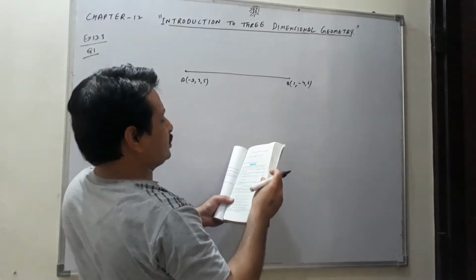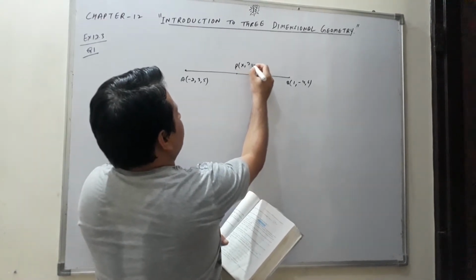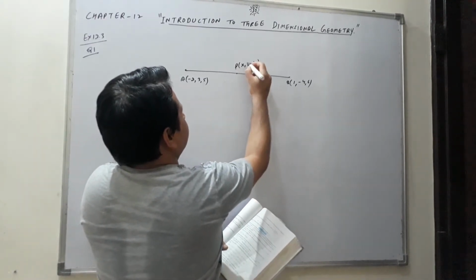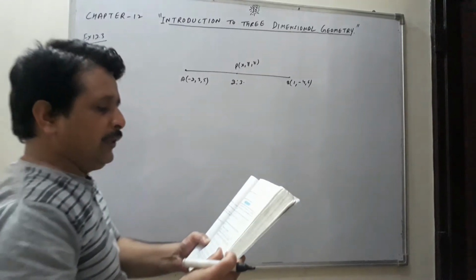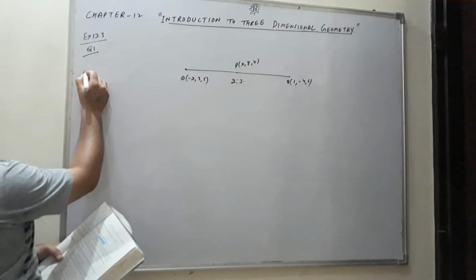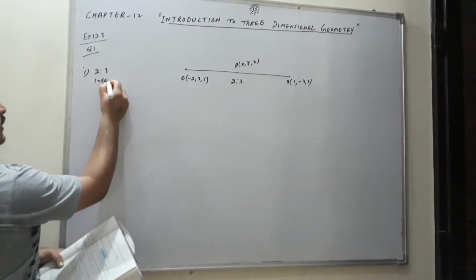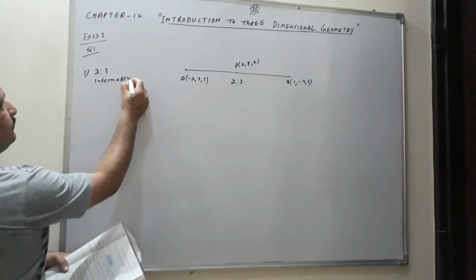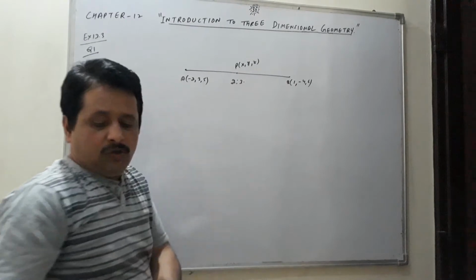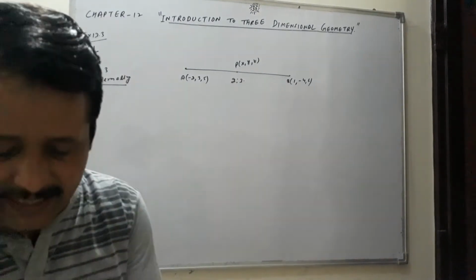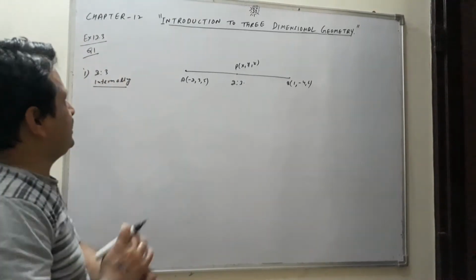Here is the point P, whose coordinates I am taking as x, y, z, and it divides the segment in the ratio 2:3. In the first part I am doing 2:3 internally, then, students. This point P lies here, so it divides internally. Then the second part I will discuss, where it divides externally. So let us come, students.